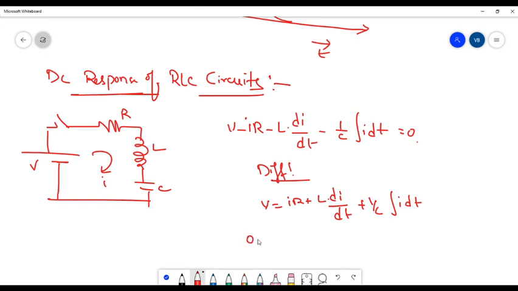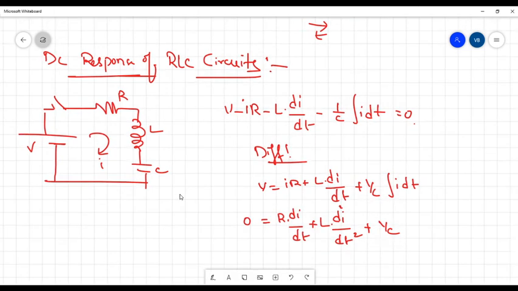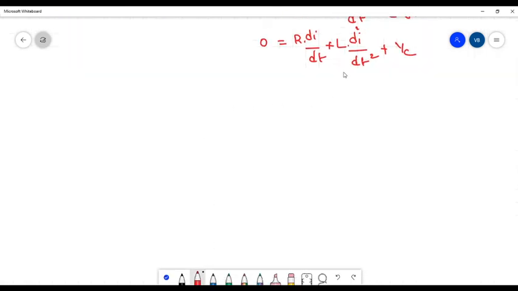Now apply differentiation, then 0 equals R into di by dt plus L into d square I by dt square plus 1 by C into I. If you simplify this, sending the constant L to the other side, d square I by dt square plus R by L into di by dt plus 1 by LC into I equals 0.